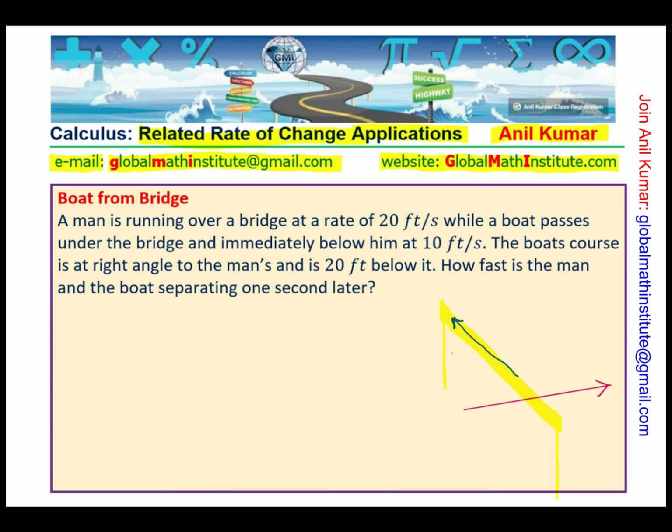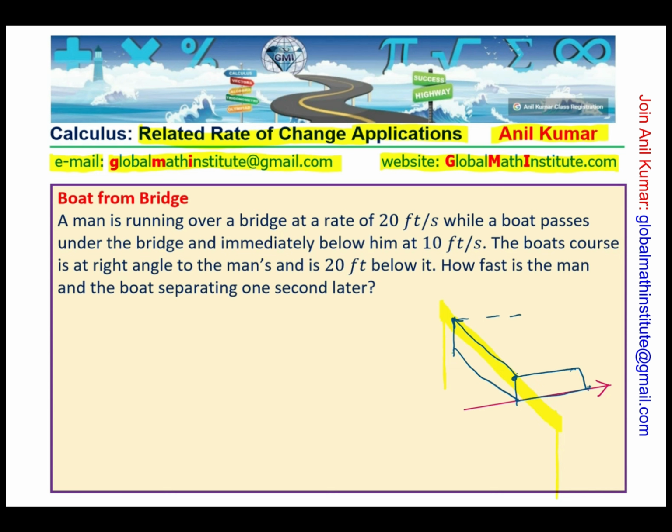So you can illustrate the situation making a rectangular prism, right? So at the instance when the boat goes under the person, that is the time which we are talking about. As you can see, this forms one side of the rectangular prism, and that is the boat's position, right?